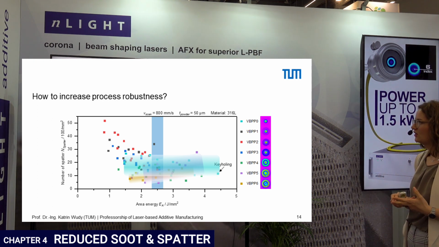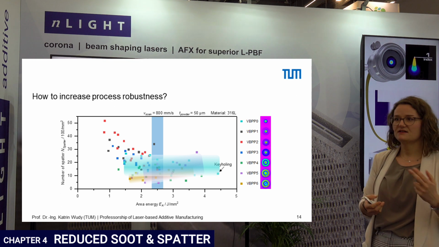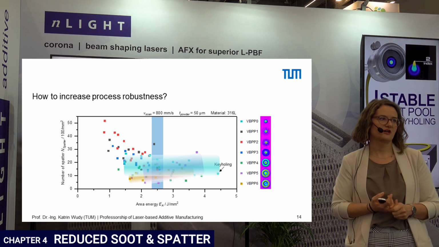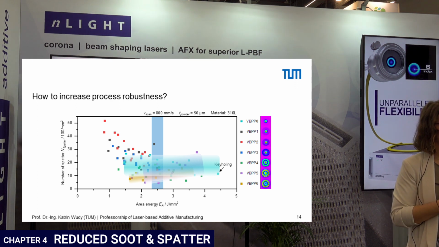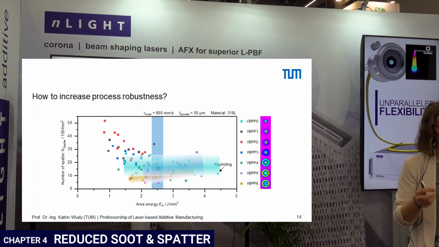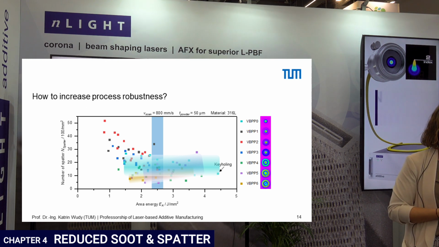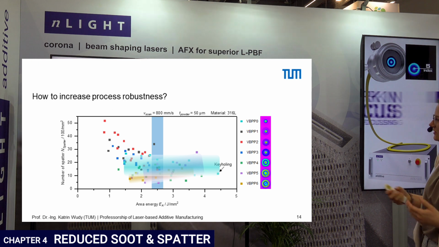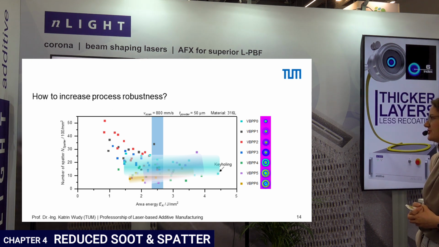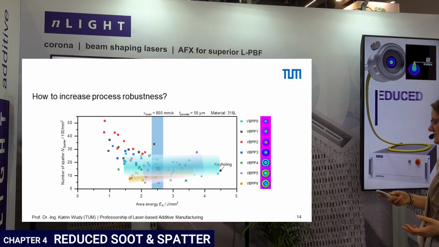But actually the volume we create as spatter is lower compared to the typical Gaussian beam profile. And actually that's a quite good result. We have a bigger melt pool, but the ejected volume is, from our point of view, for a specific combination of beam profile, scan speed, hatch distance, and laser power, decreasing.